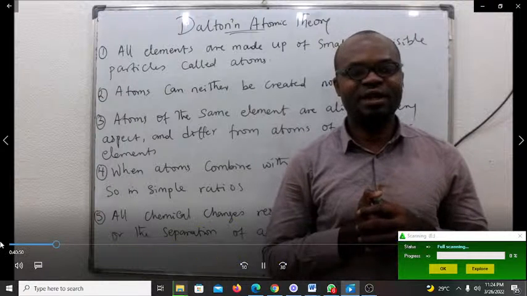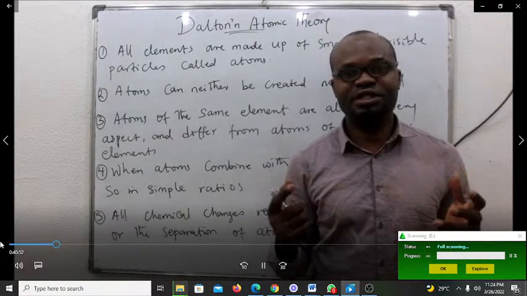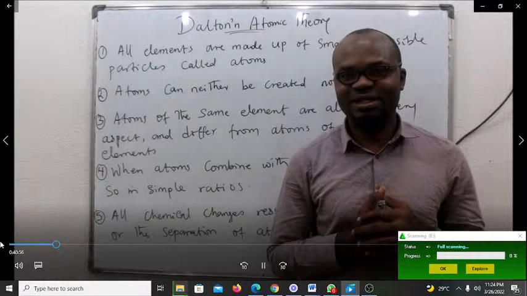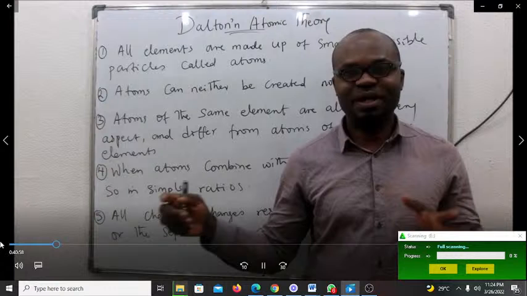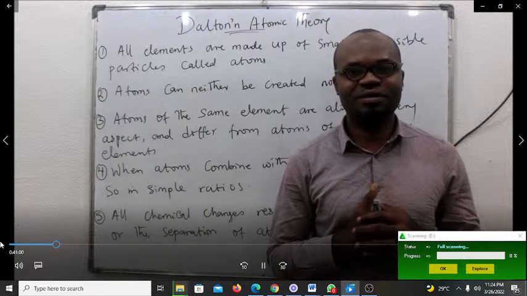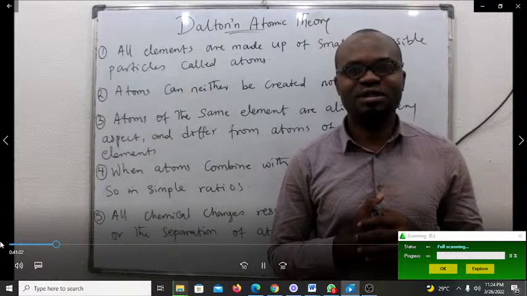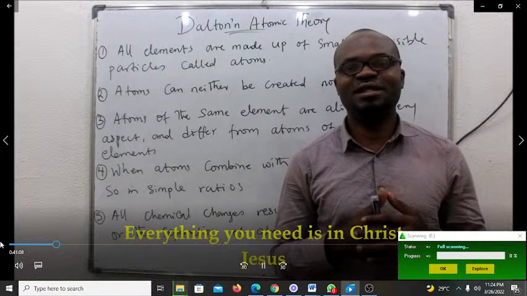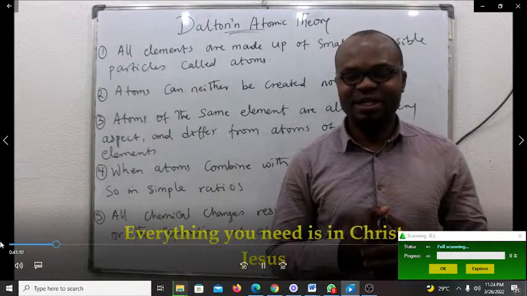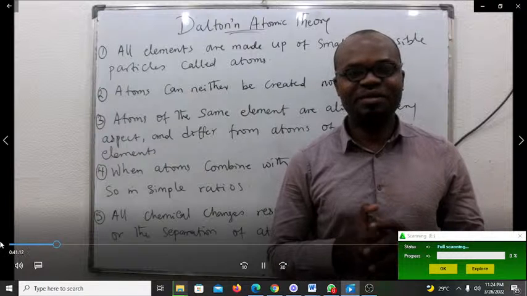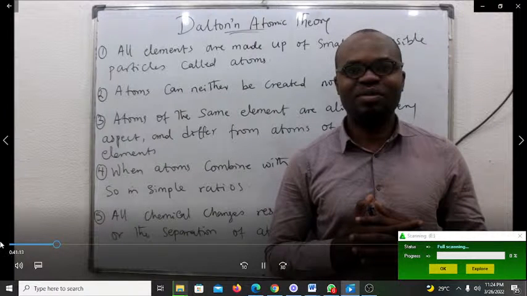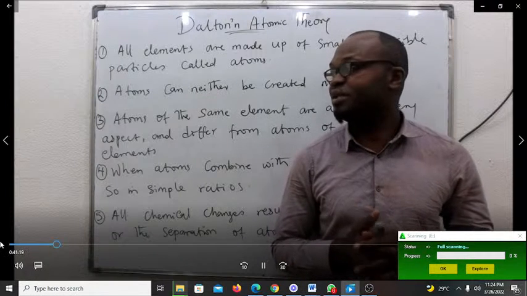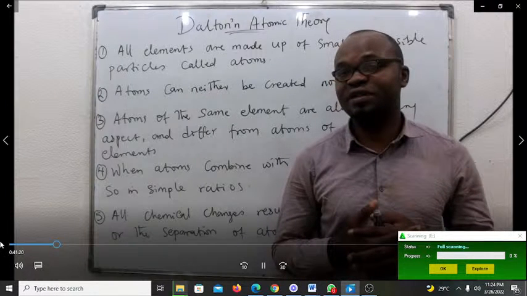Over the years, this theory has undergone several changes and modifications because some of the statements have been proven through experiments to be wrong or cannot hold completely. So now we're going to look at the statements of Dalton's atomic theory, and at the same time I'll be pointing out the modifications that have been made to these statements.